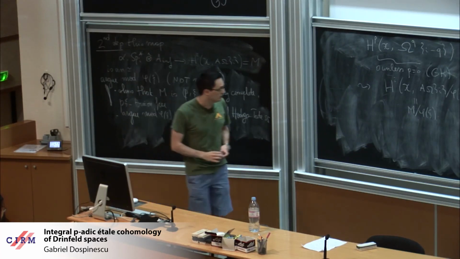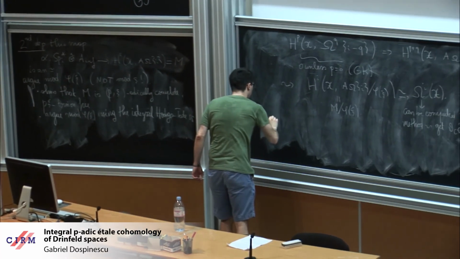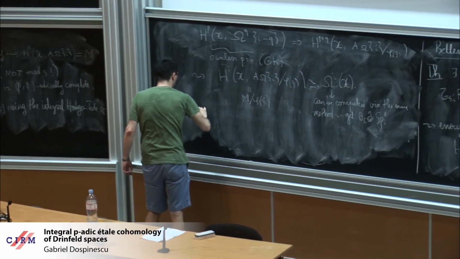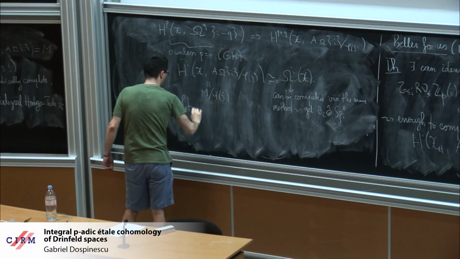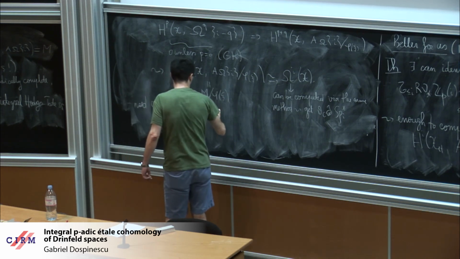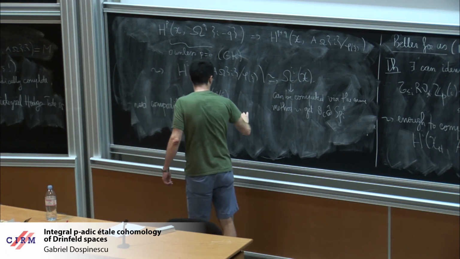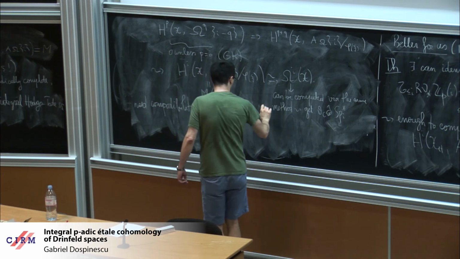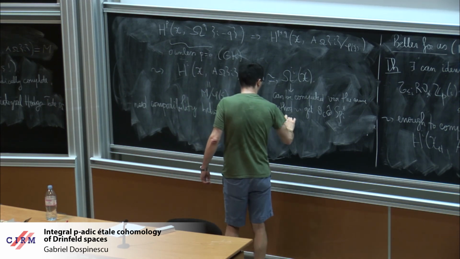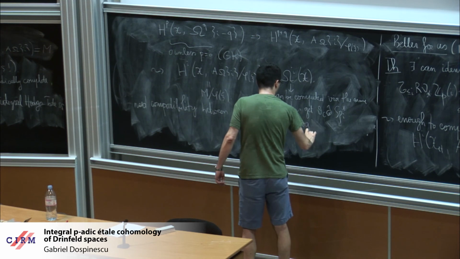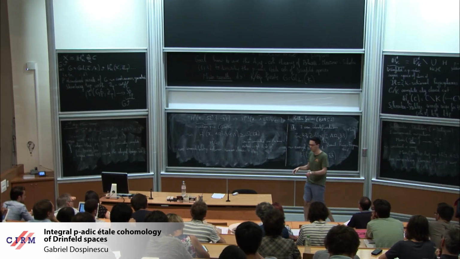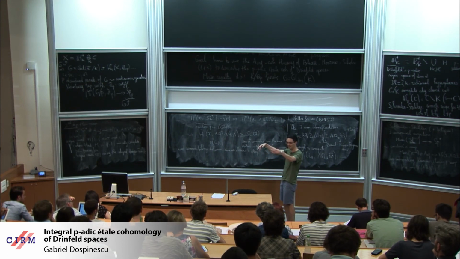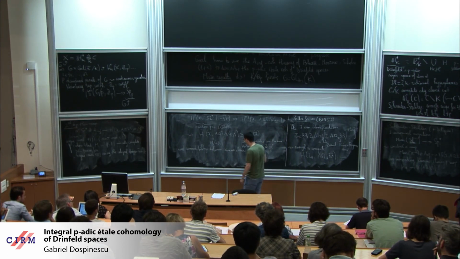In other words, you need the compatibility between Kummer classes and d log. And so that means that you have to go through the proofs of all these comparison things and check that in the end you have the beautiful commutative diagram.